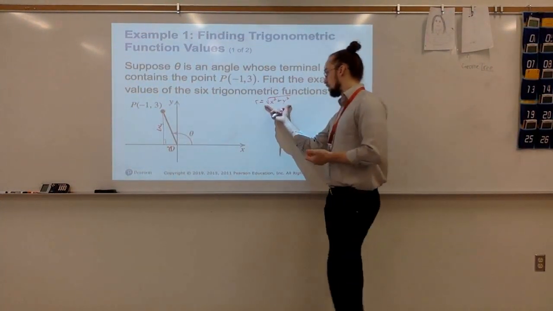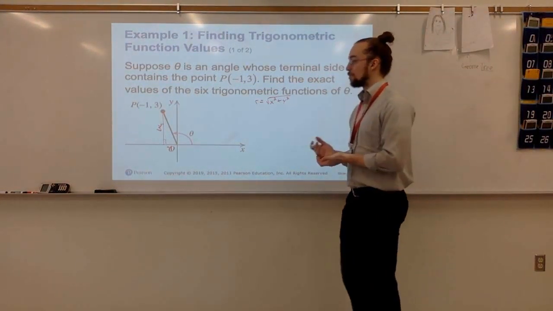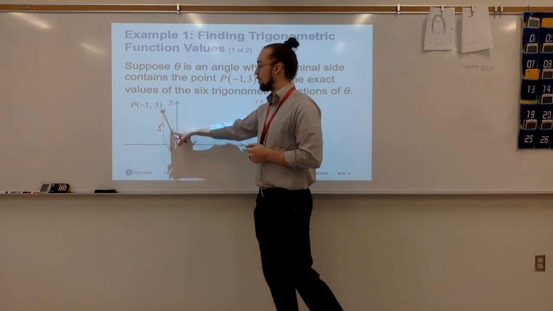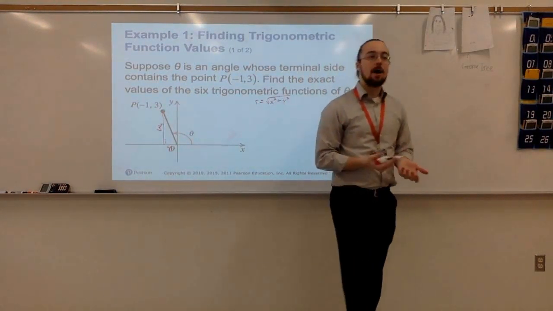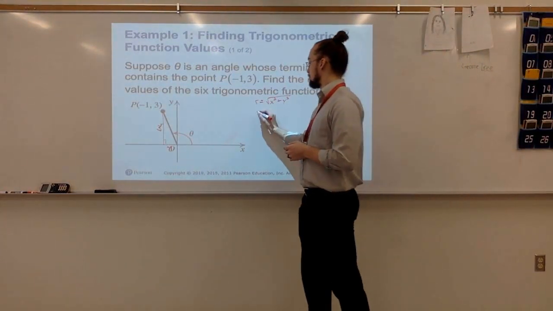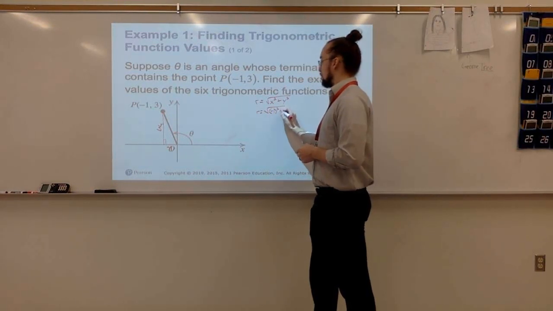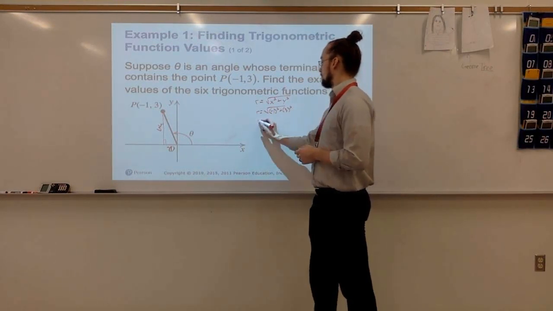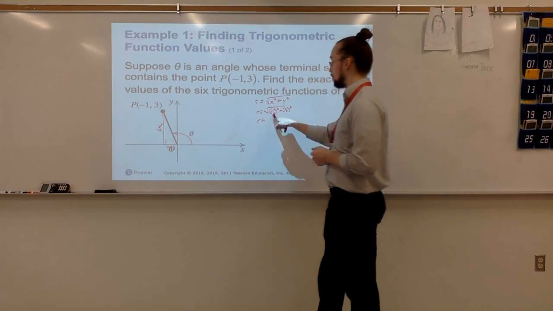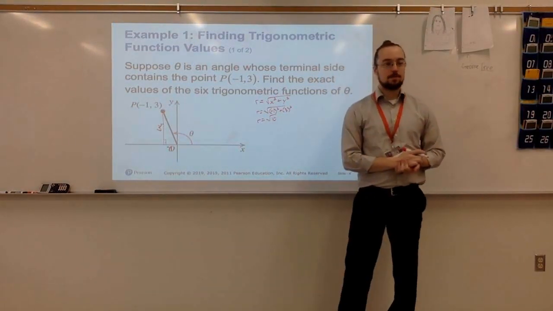You can memorize the square root of x squared plus y squared, but all we're doing is using the Pythagorean theorem to find the length of the hypotenuse. So this is just the square root of negative 1 squared plus 3 squared, which is 1 plus 9, the square root of 10.